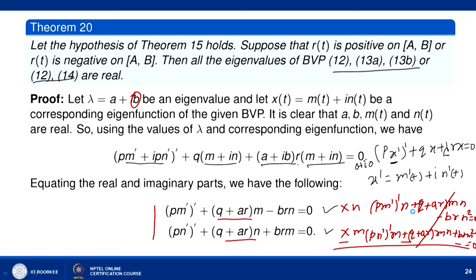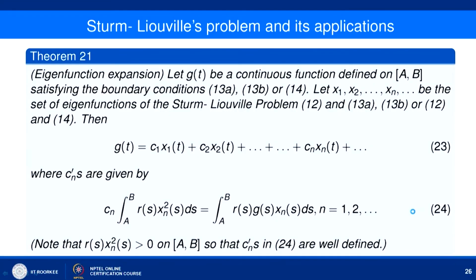That is the content of this theorem. Let us move ahead and consider one very important application of the Sturm-Liouville problem, and that application is the expansion of a class of functions in terms of eigenfunctions.